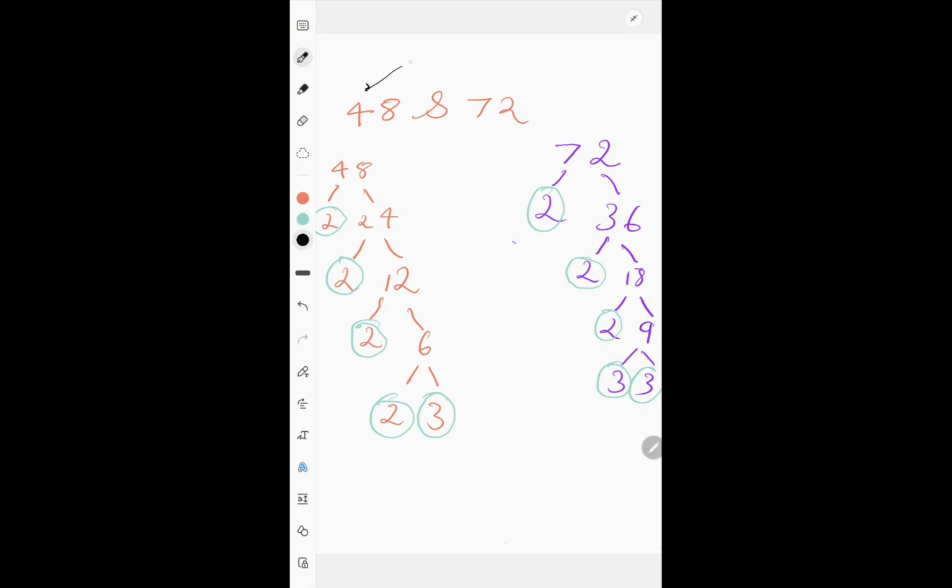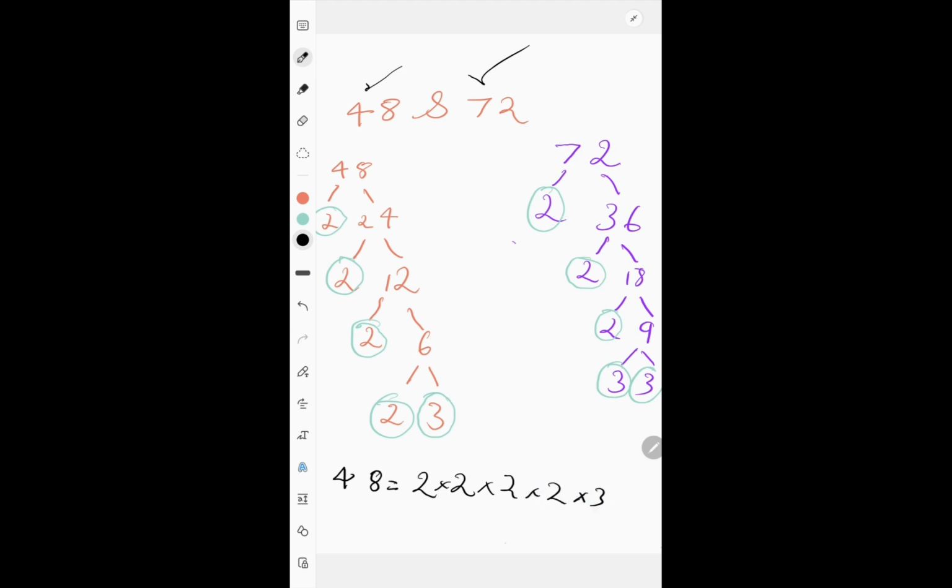Now that we have the prime factorization of both 48 and 72, we need to find common prime factors. So I'm going to write the prime factors of 48 and 72. That way it's a little easier to find common prime factors. For 48, we have 2, 2, 2, 2, and 3.